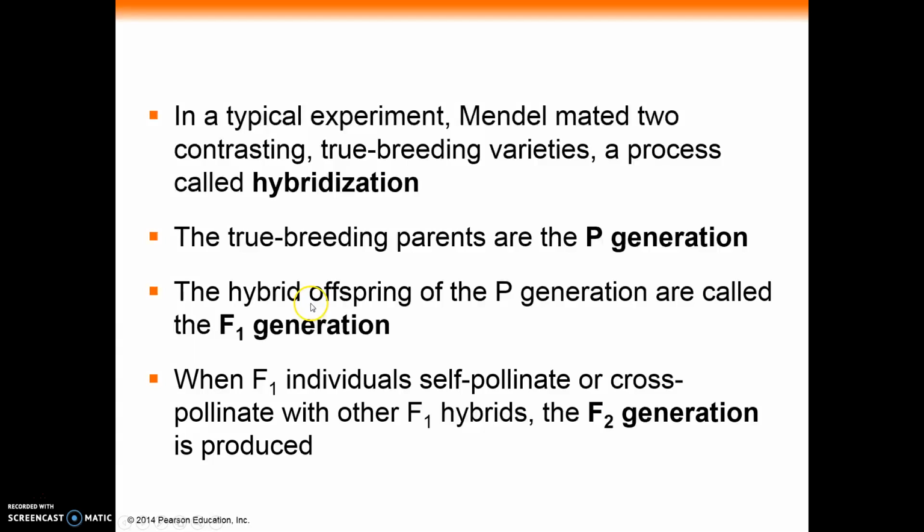The hybrid offspring of that P generation is called the F1 generation. And you would see particular characteristics associated with this F1 generation. If you take that F1 generation and allow it to self-pollinate or to cross-pollinate it with some other F1 hybrid, you'd create an F2 generation. And sometimes you can see some characteristics that only show up in the F2 generation.